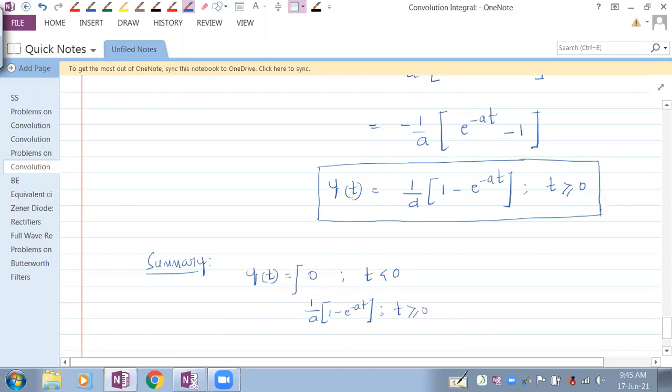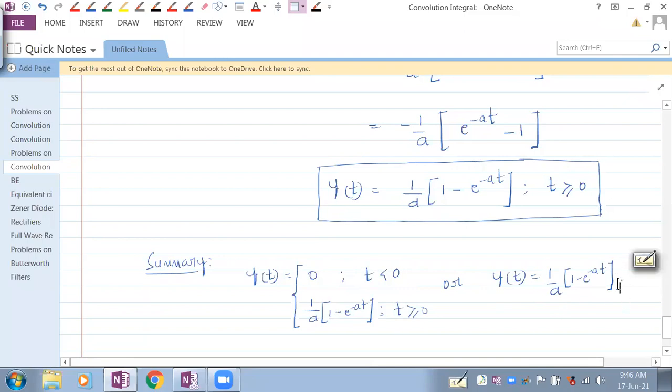So this is one way of writing it. What is the compact form? y of t equals 1 by a times 1 minus e power minus a t, multiplied by what? It has to extend from 0 to infinity, and for t less than 0, it is 0.